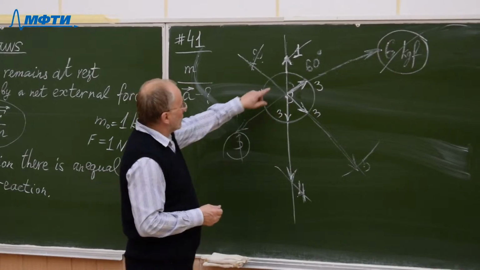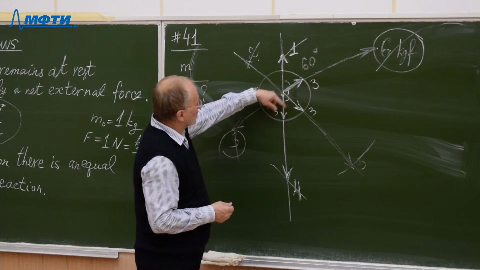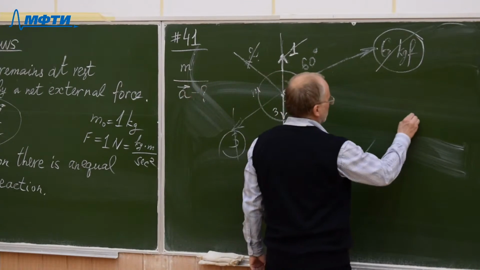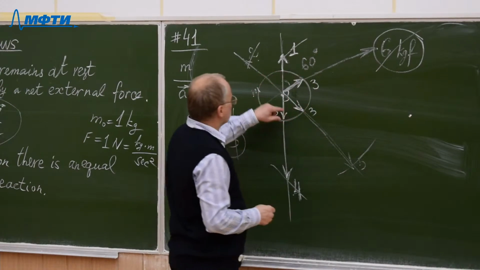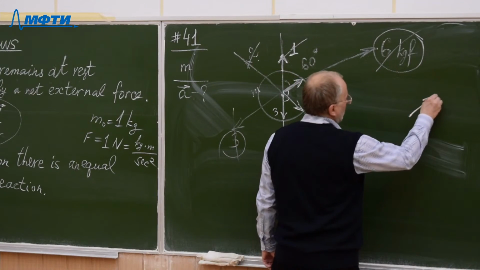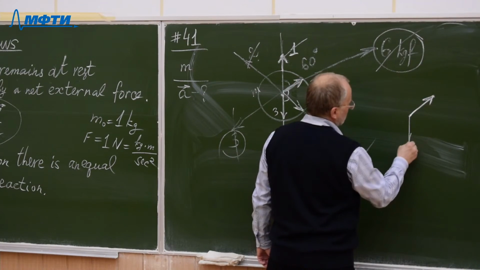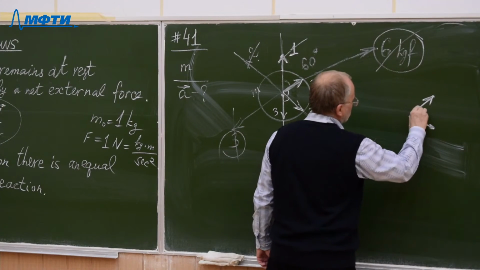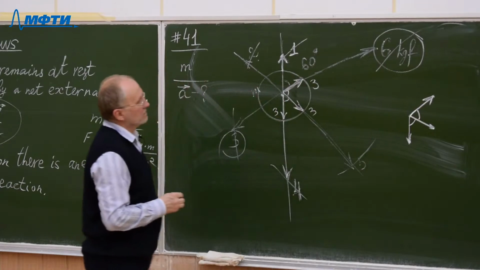On my drawing, these 2 angles are not quite equal, but they should be equal. So I will try to reproduce this picture here, and I will try to show the equal angles, this one and this one and this one, so that these 2 angles are equal.